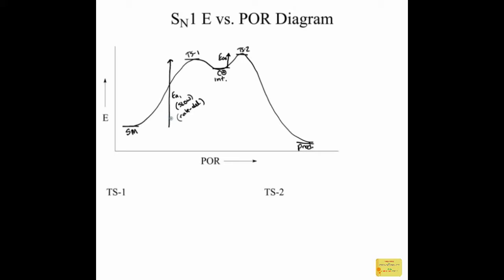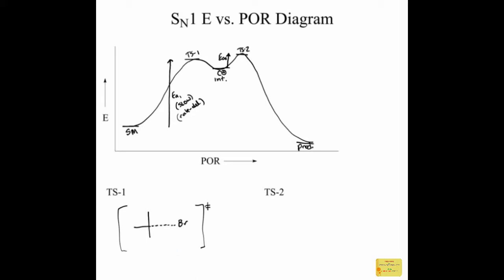Let's see if we can figure out what the transition states will look like. We have 2 transition states. Every step has its own transition state. So what's happening in our first step of the reaction? Remember, a transition state has partial bonds, partial charges. That first step is simply we're breaking that carbon-halogen bond where our leaving group is leaving. Because we're starting with butyl bromide in this case, we're going to be breaking that carbon-bromine bond. It's going to be shown as a partial bond because it's breaking.